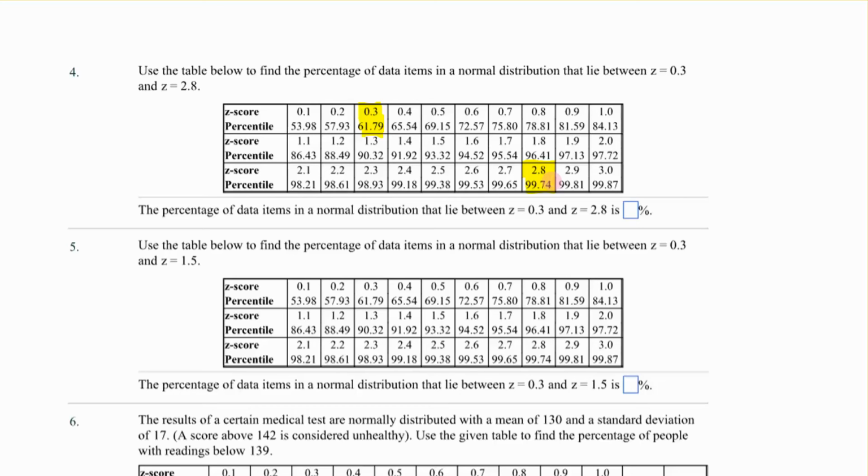Well, it's really good common sense. You want to know what falls between them. Just take the larger one, 99.74, and subtract the smaller one, 61.79. The percent that is between them turns out to be 37.95%. So finding between is pretty easy.